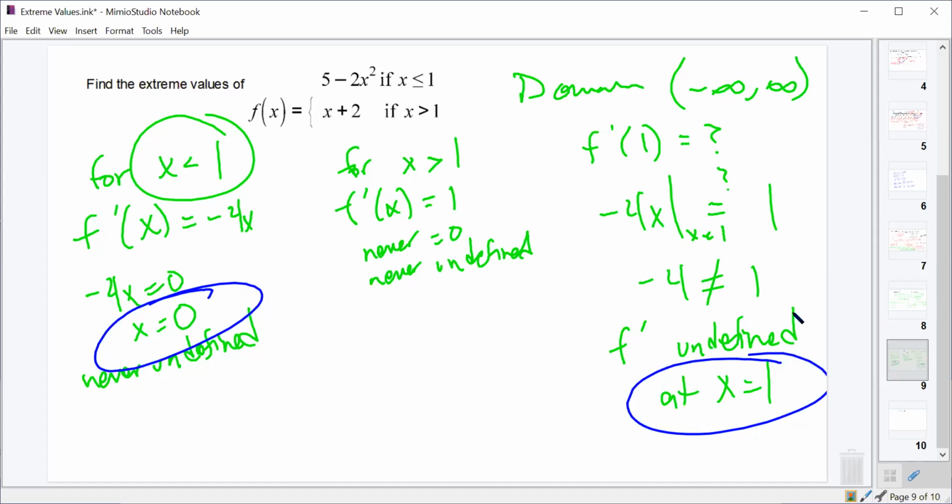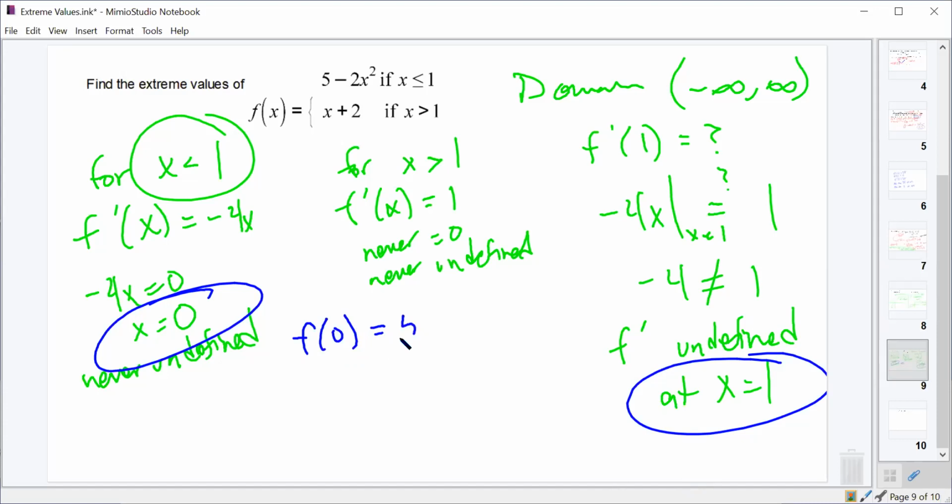All right, so we've got two places where we might have local minima or maxima, or also absolute maxima or minima. So now, let's first see what those values are. What's f of 0? Five.